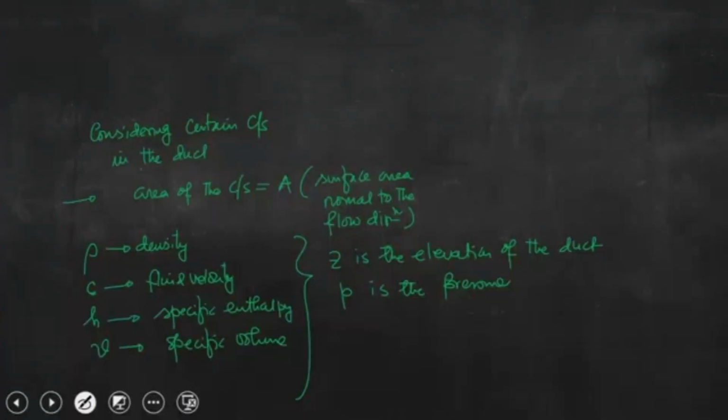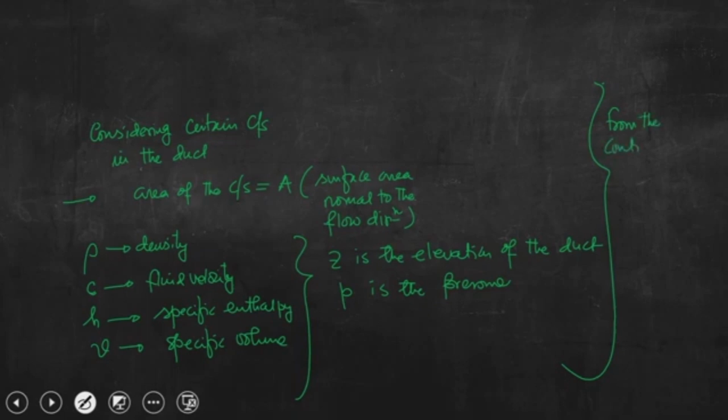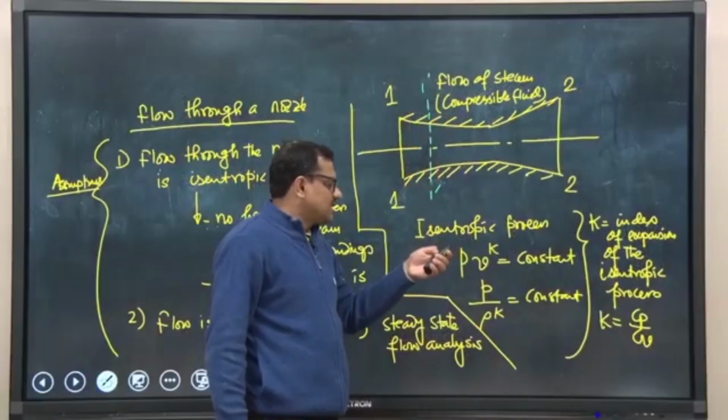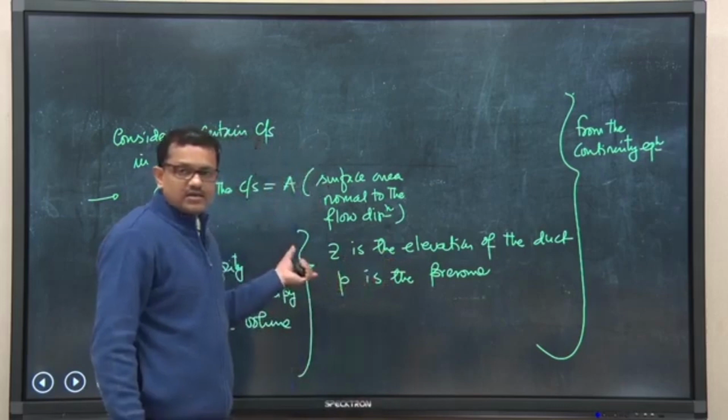From the continuity equation, what can we write? We have assumed that at any particular cross section those are the fluid properties that we have listed down here.